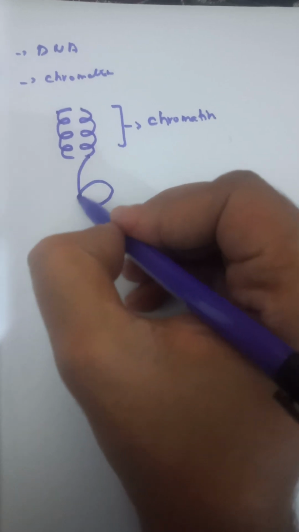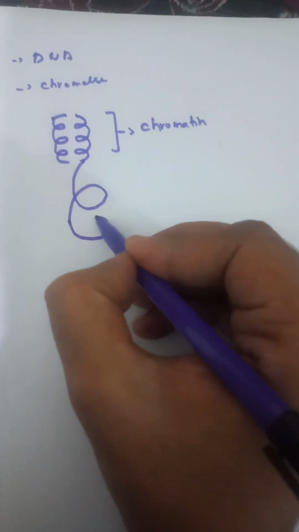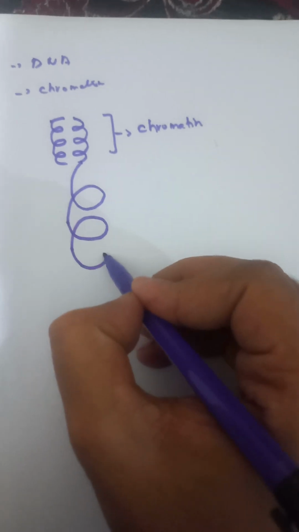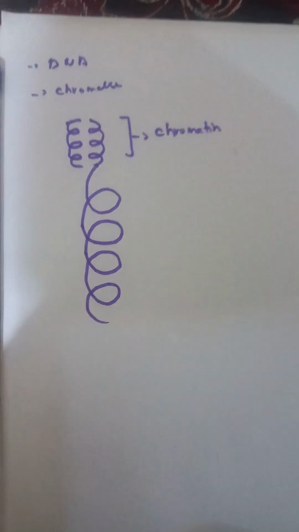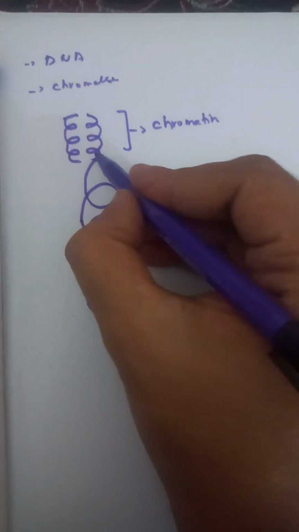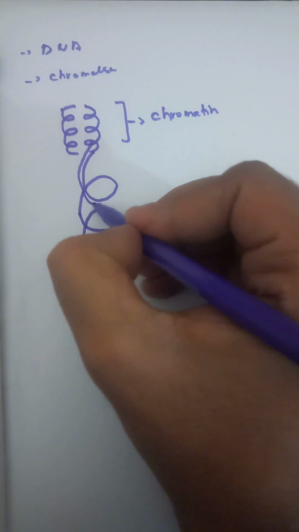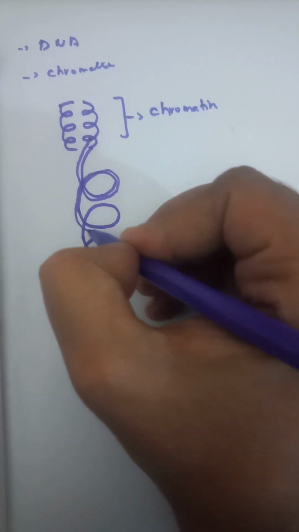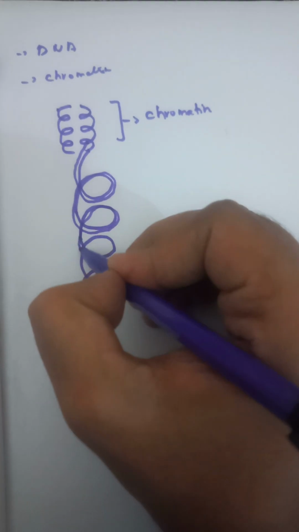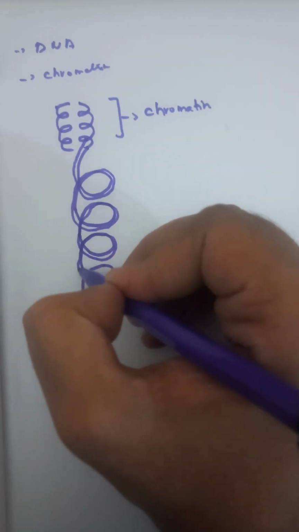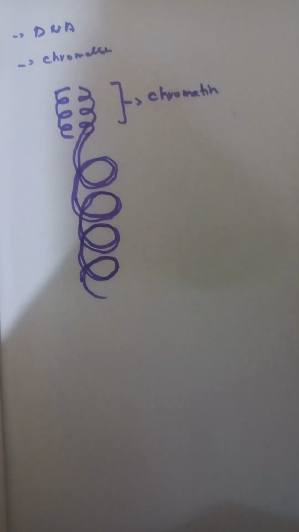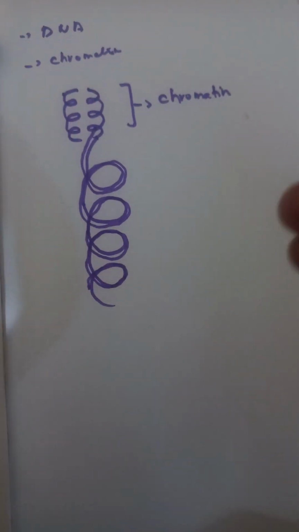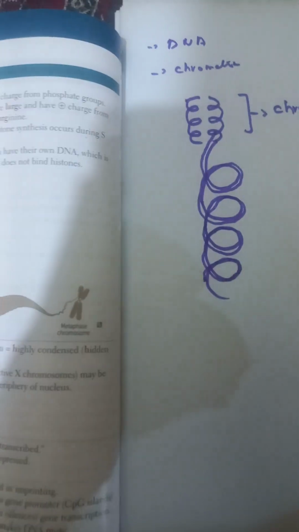Let's take one side here and let's zoom it. So it is like this. So what it actually is, let's make the other layer here. This is usually like a double layer. I will explain what this double layer is, but just remember it for now. So we have made this a DNA double layer.